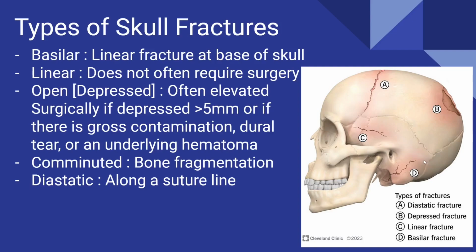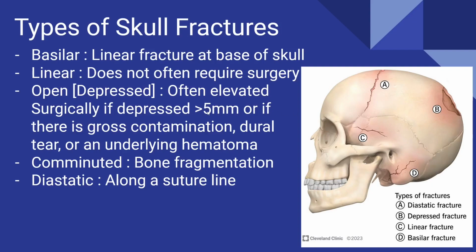Linear skull fracture does not require surgery as often, but where you start to see the need for surgical intervention is when you have depressed or open skull fractures. Anything that's contaminated that could lead to meningitis or some sort of infection. Anything with a dural tear or a large hematoma underneath, and anything with a depression of over 5 millimeters.